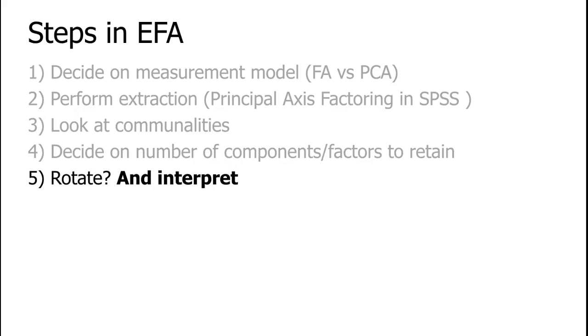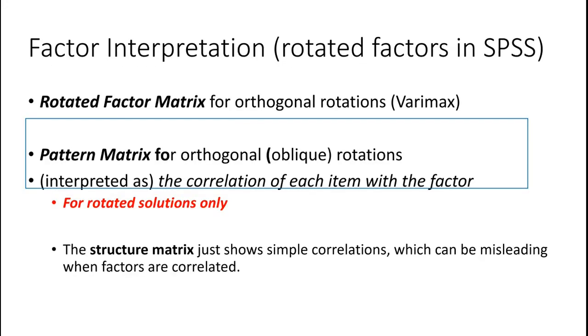So this is also a little complex, and this is an SPSS specific problem. We want to look at results that represent the item factor structure of our rotated solution. Something comes out of the results that's called the structure matrix. That's not what we want.